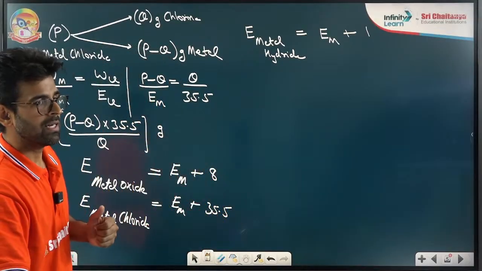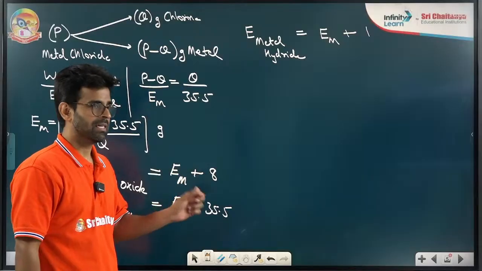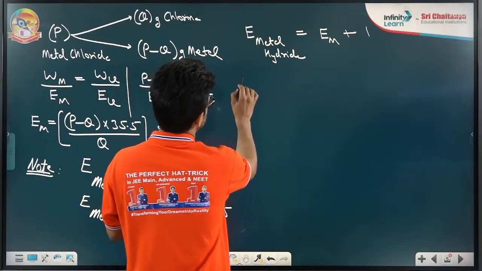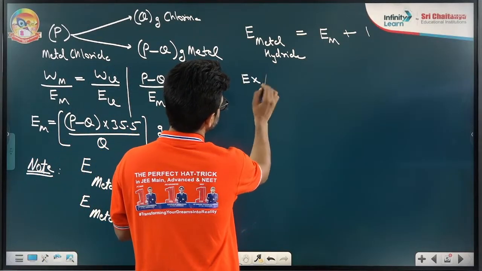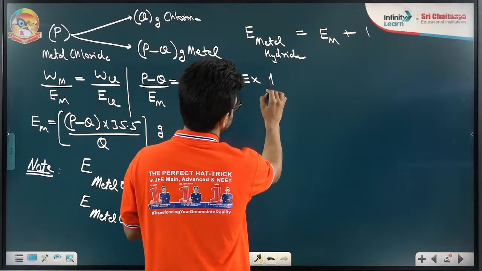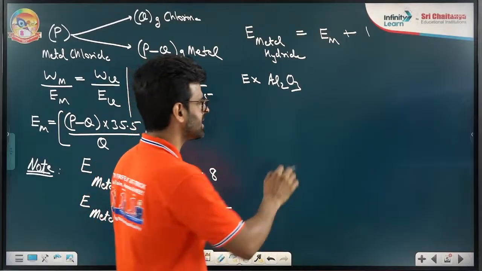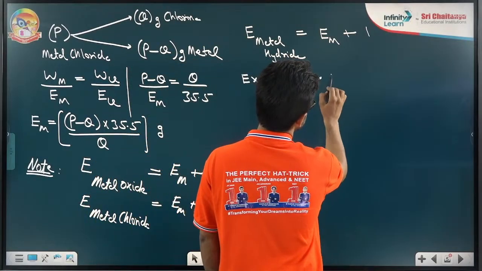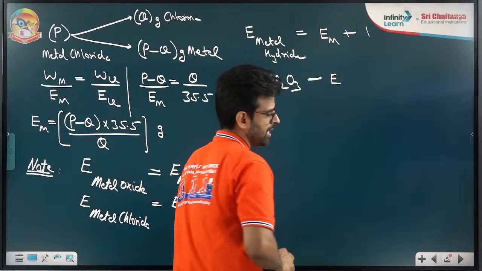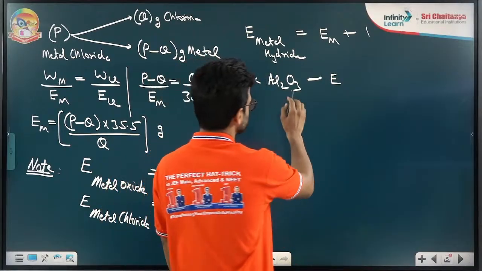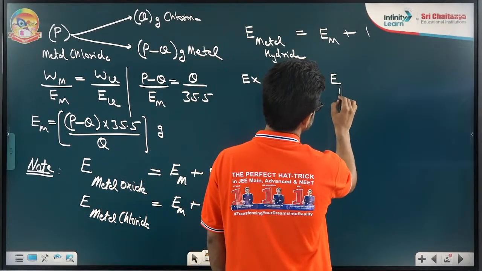So carefully, imagine, I am taking one example. Then I will come to the next part. Imagine I have Al2O3. So I can say clearly that the equivalent weight of Al2O3 will be what? I am writing Al2O3.